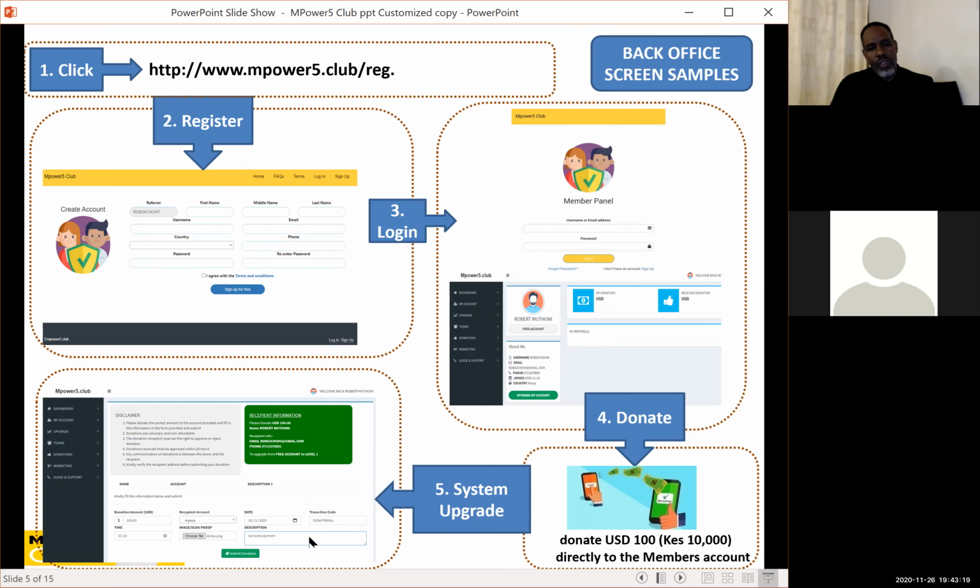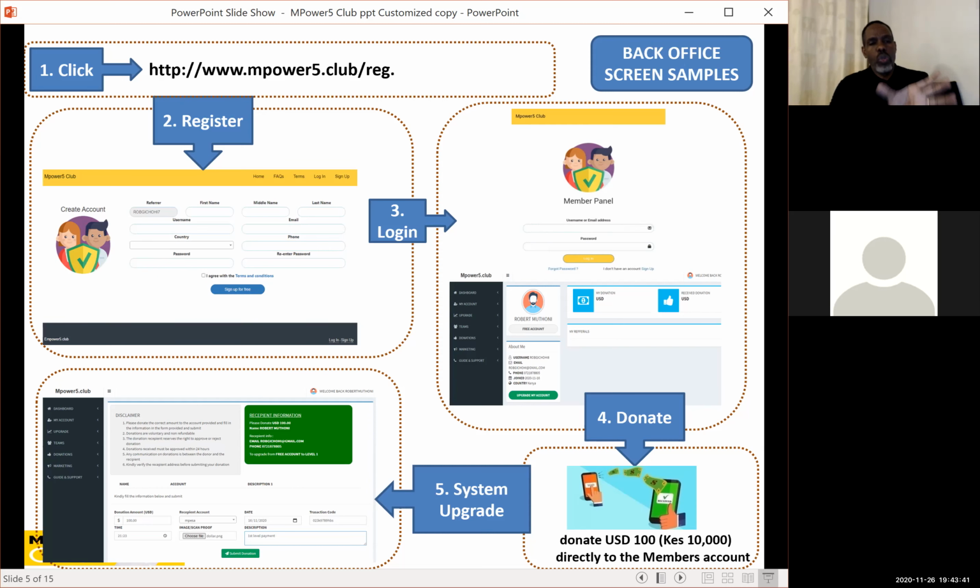Then you fill in this form, entering the way you sent the money and the transaction code, just as proof that you have done it. The person on the other side, who is Simon in this case, would then approve you, and you become an active member.